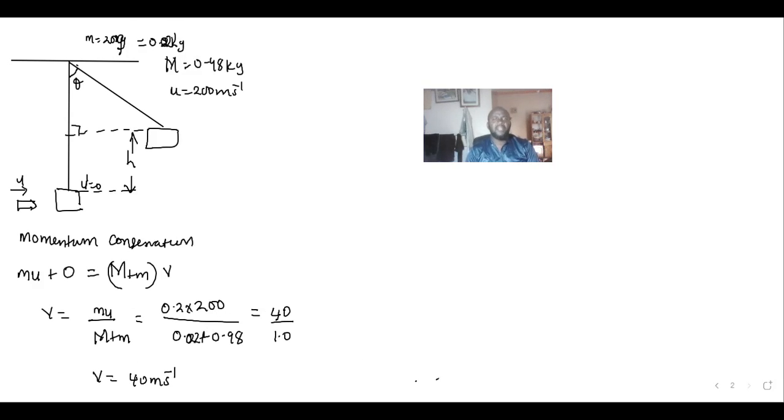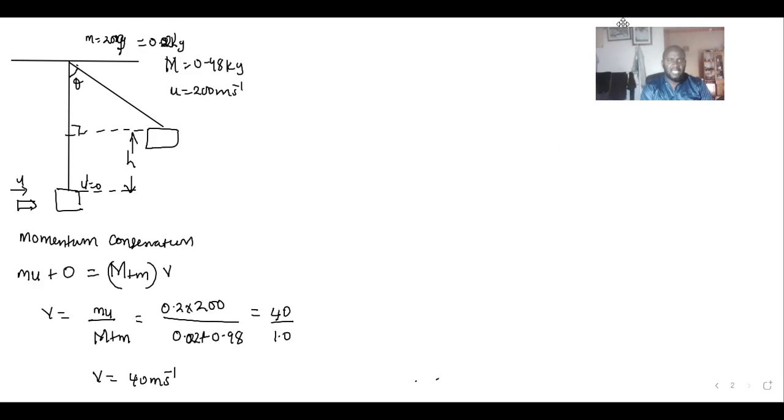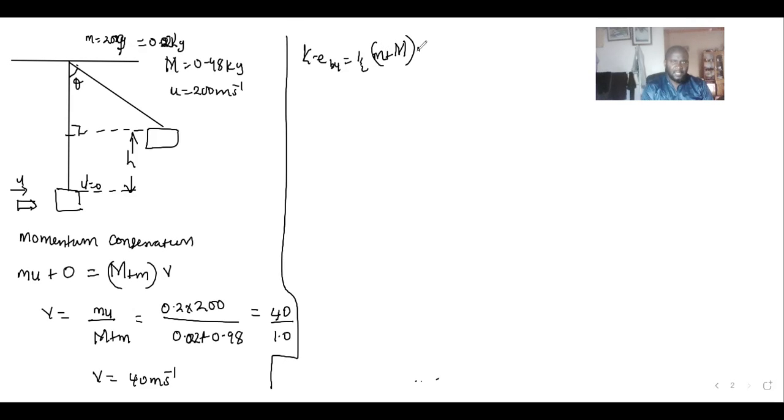The question says, how much vertical height does the block rise through? We need to look for H. Remember, we said H can be got from energy conservation. So kinetic energy before is a half (M plus m) times the common velocity they have moved with.